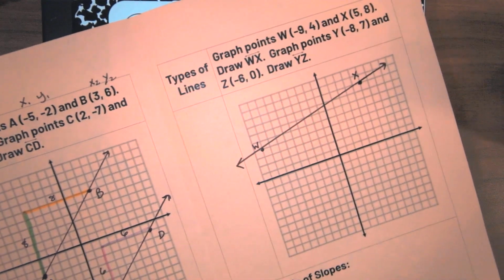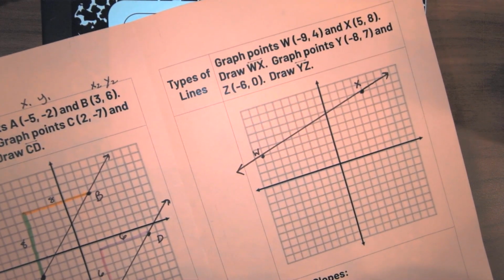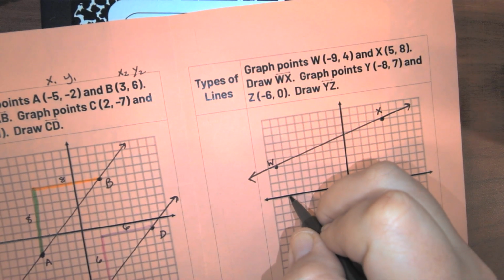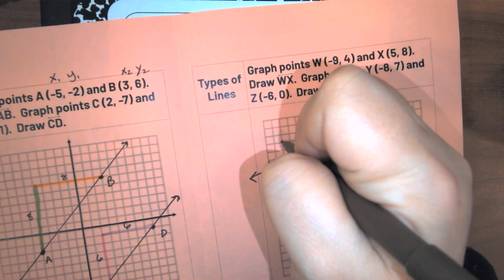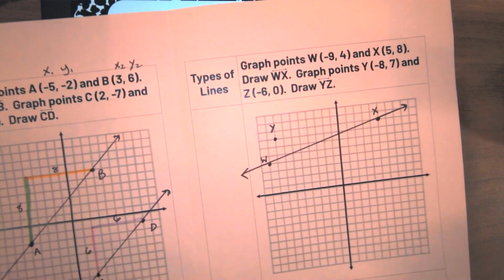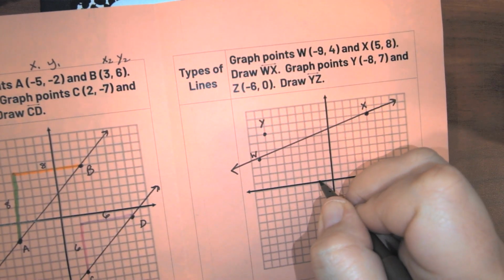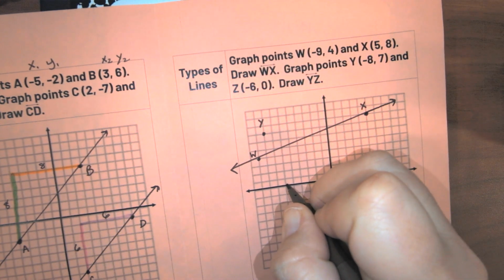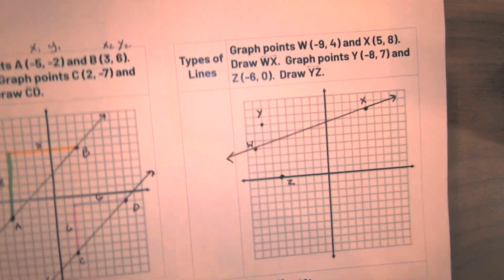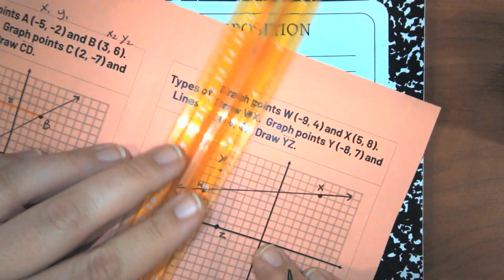Alright. Then I've got to graph Y at negative 8, 7. It's going to be up here. It's kind of close to my other one. And then Z at negative 6, 0. 1, 2, 3, 4, 5, 6. 0 is going to stay right down here. I'm going to connect those.